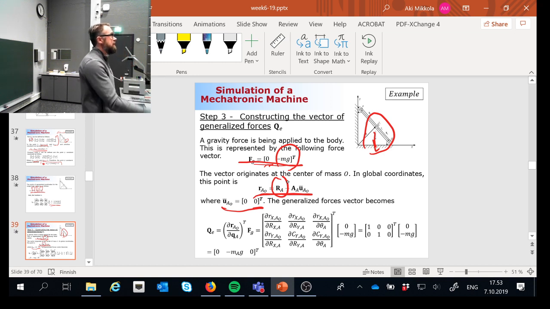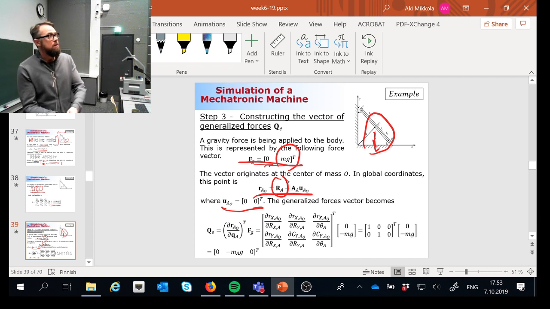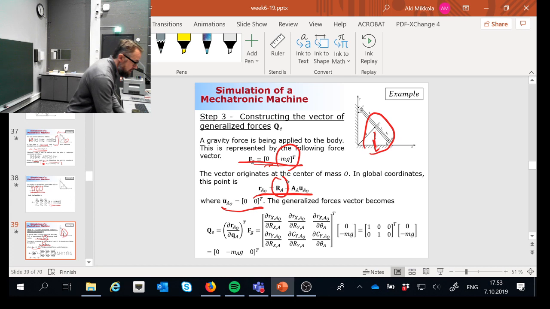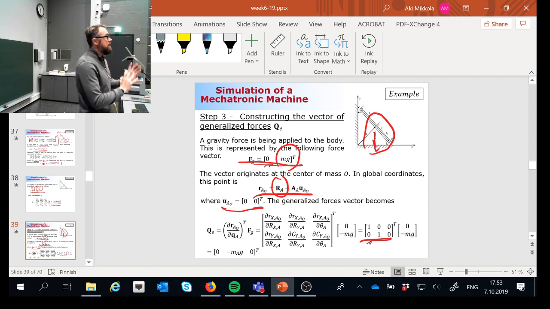Now I'm differentiating that with respect to my variables. So what are my variables? Well, the generalized coordinates that I looked at in a previous slide, and it's going to give me the mapping matrix, which is very simple in this case. It's still a mapping matrix, because I need to convert my forces from global to generalized coordinates. My forces in generalized coordinates are expressed here.